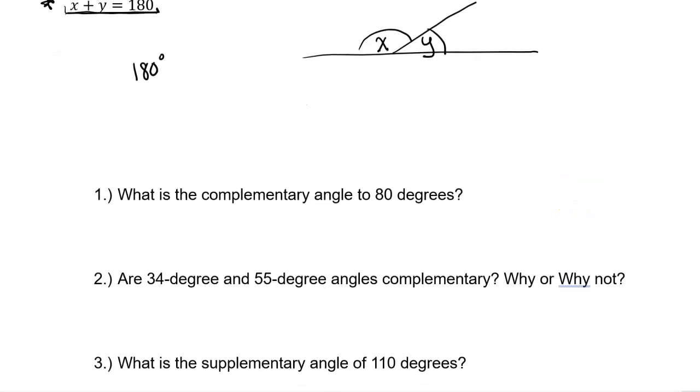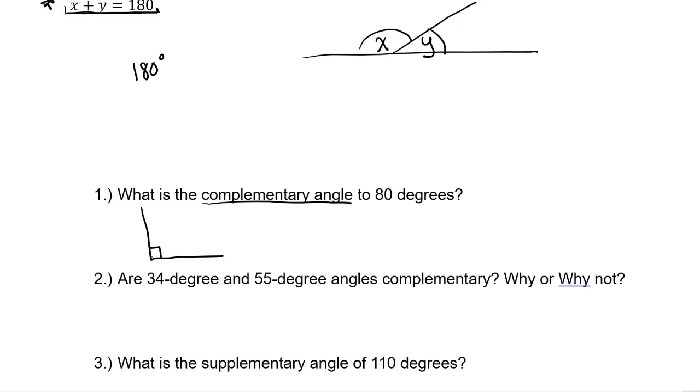Now, usually with geometric problems, I like drawing something so I have a visual representation. It just helps me figure out how to lay everything out. So here it says, what is the complementary angle to 80 degrees? Well, I know that complementary means that I have two angles that add up to 90 degrees.